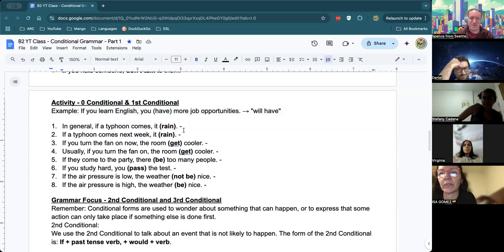Okay, so let's start with number one. In general, if a typhoon comes, it rains. So in this case, is it first conditional or zero conditional? Is it always true or sometimes true?